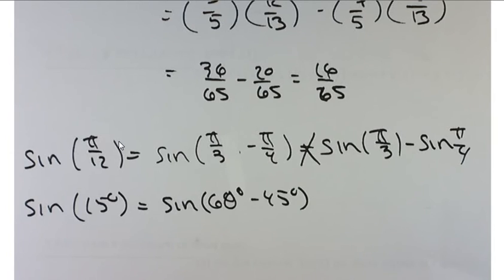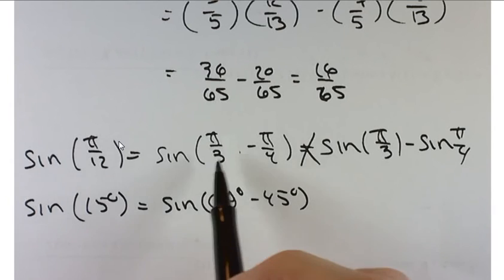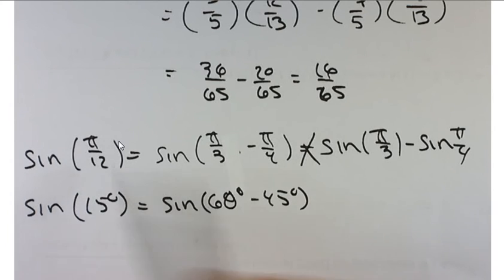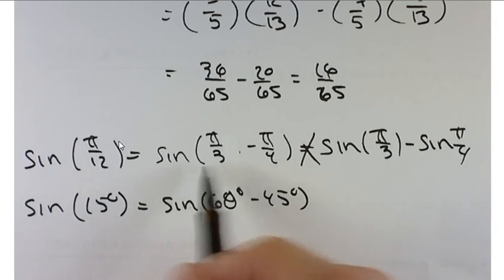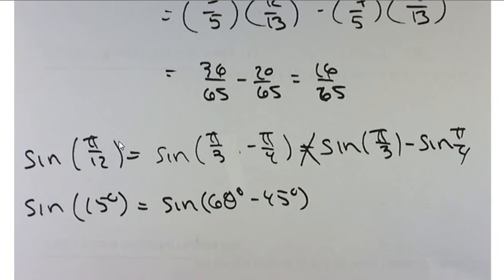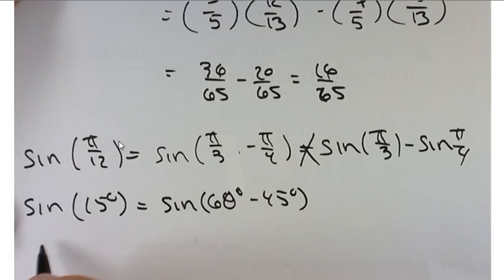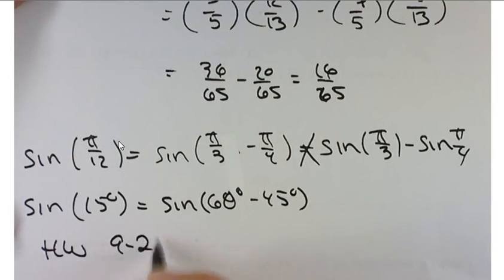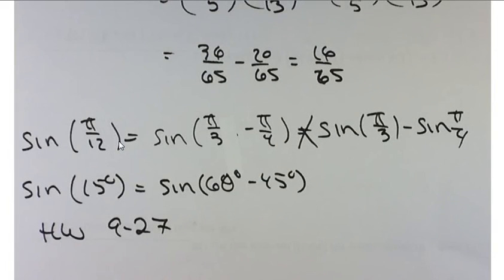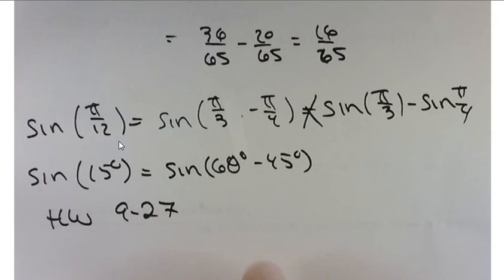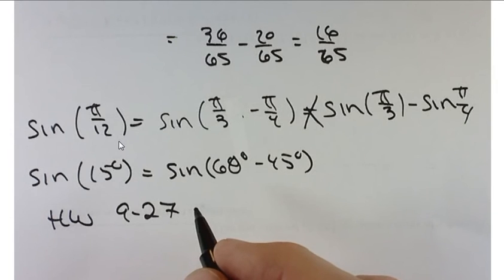Now, some of this I assigned last time. Some of it's going to be new. For homework, try 9 through 27. Then 31 through 37. Then 47 through 55.